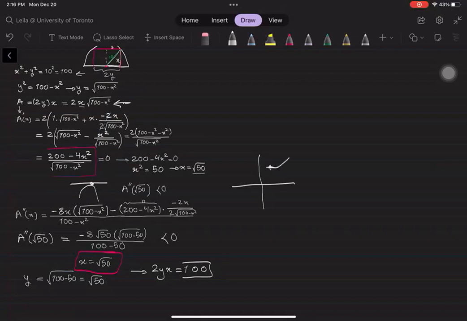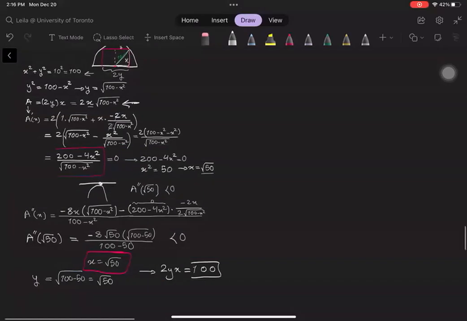I think if it's increasing before x equals square root of 50, on the left, and then decreasing to the right, then it's a maximum. Oh, I see what you mean. Okay, yeah, you can use that one. All right, thank you.